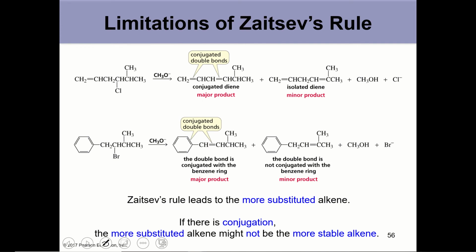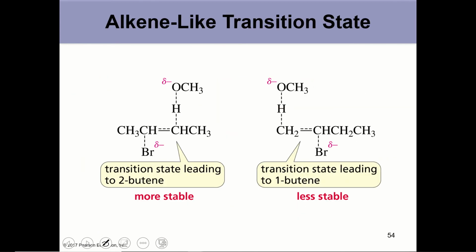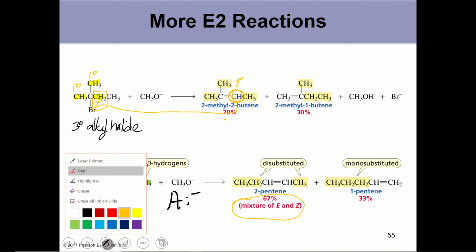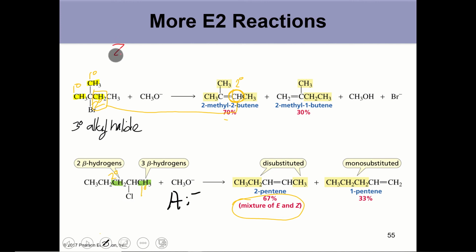Zaitsev's rule helps us to determine the major product of a reaction. Zaitsev's rule says that we will make the more substituted product as the major product, but there are limitations to this rule. I'm going to write Zaitsev's rule over here.